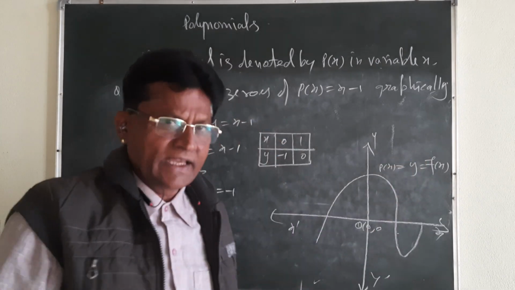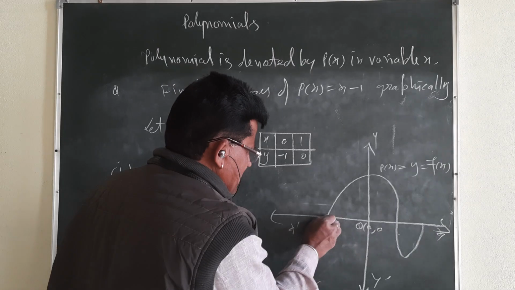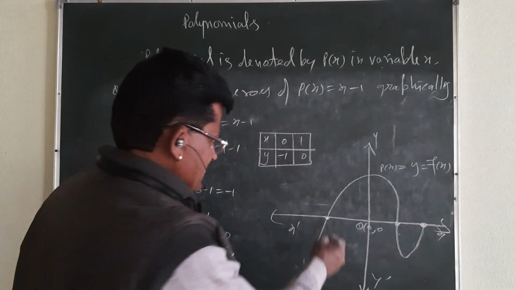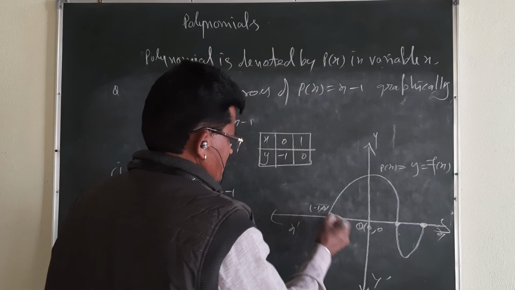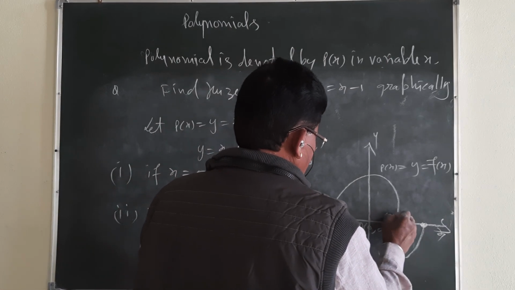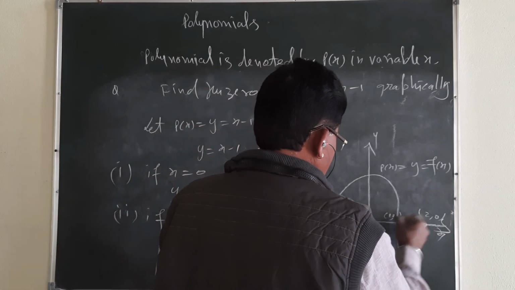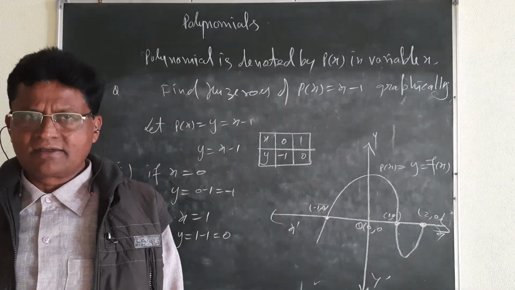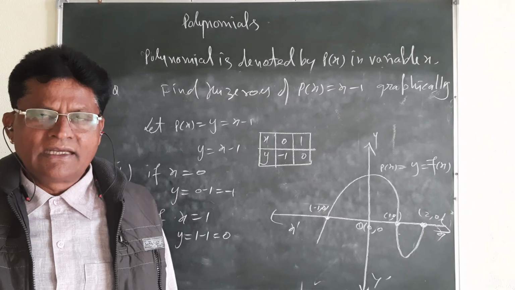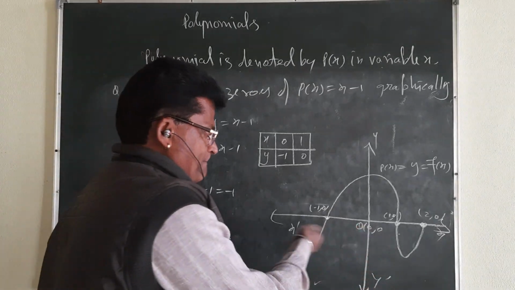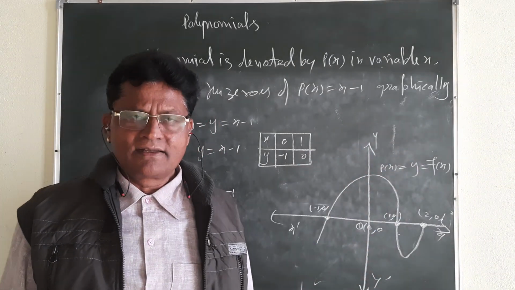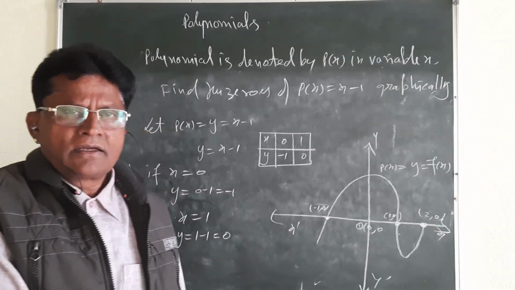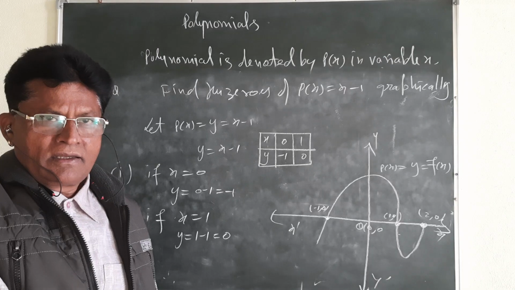That is y. Okay? You tell me, this graph intersects the x-axis at how many points? Let me give minus 1 and 0, 1 and 0, and suppose 2 and 0. It is not essential that these points will be mentioned on the graph. Sometimes it may ask, how many zeros will this function have? Is this linear or some other polynomial?